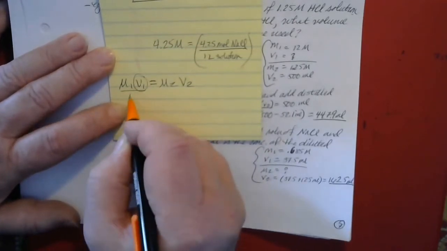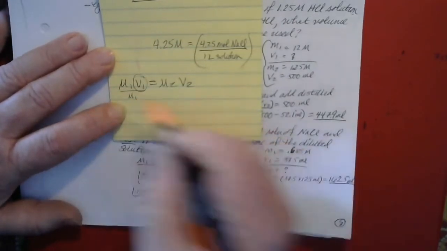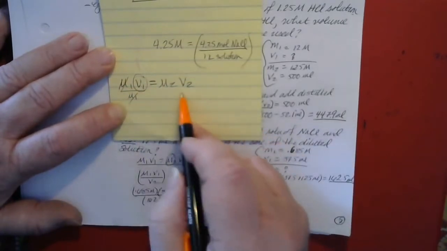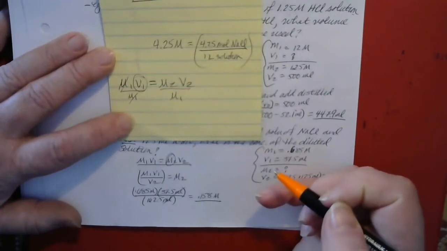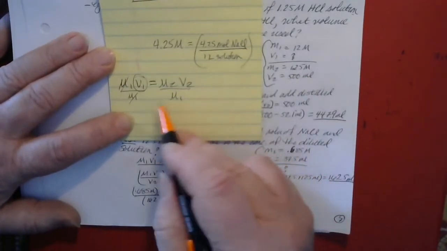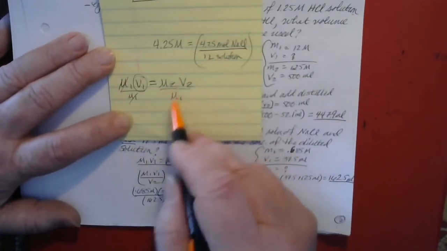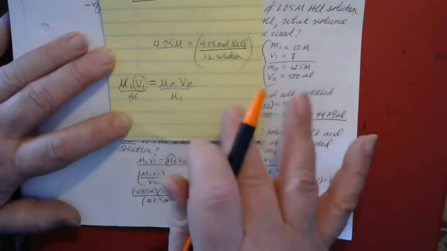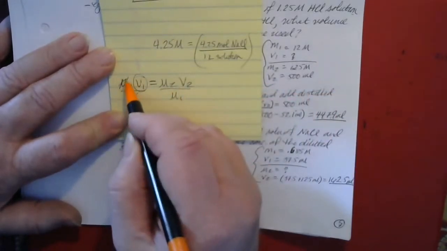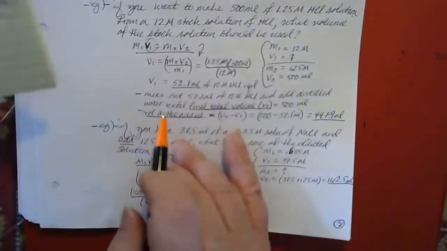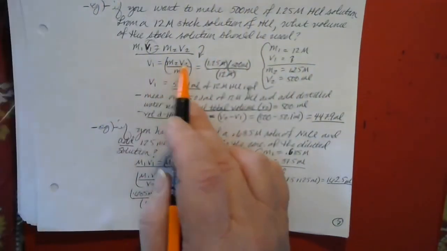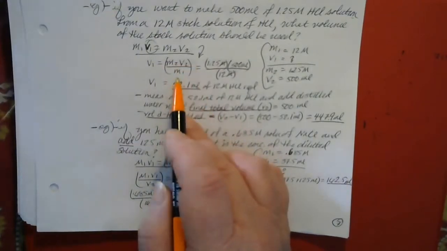You can do that by dividing the left-hand side by M1, then it cancels out. But to keep the equation equal, you have to do the same thing to the other side. So now M1 is on the denominator on the right-hand side, and it does not cancel out, so that has to stay there. These cancel out and can go. So we end up with the equation V1 equals M2V2 over M1.